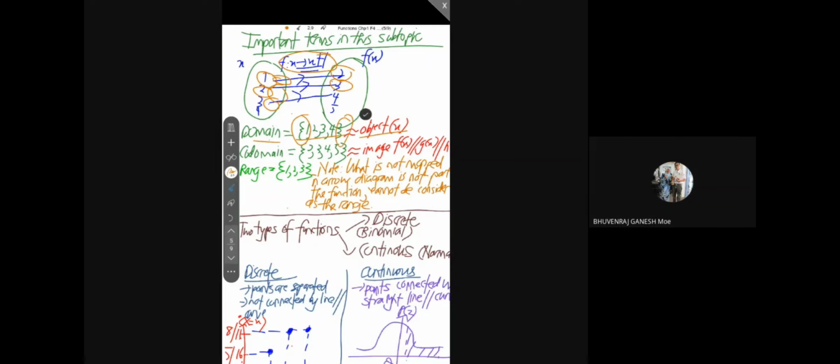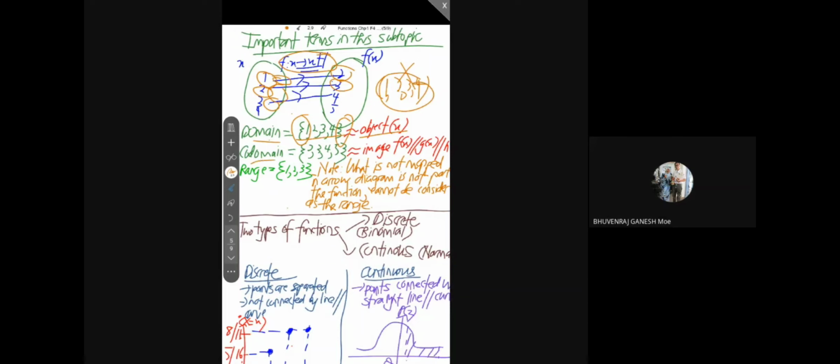If we just put a normal bracket like this, it's not considered correct. Although your numbers are correct, it has to be in the form of the curly bracket, like how you do sets in your mathematics. So the same concept.